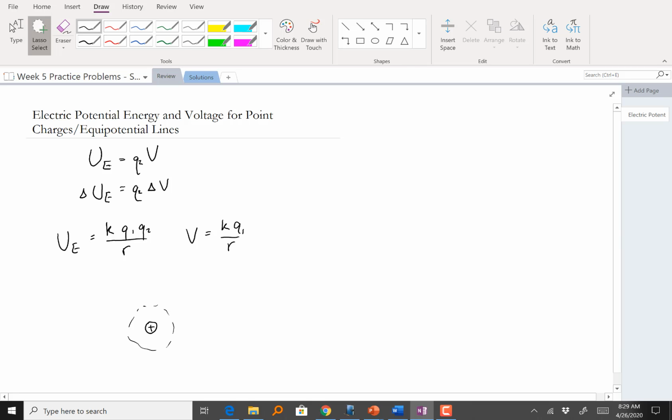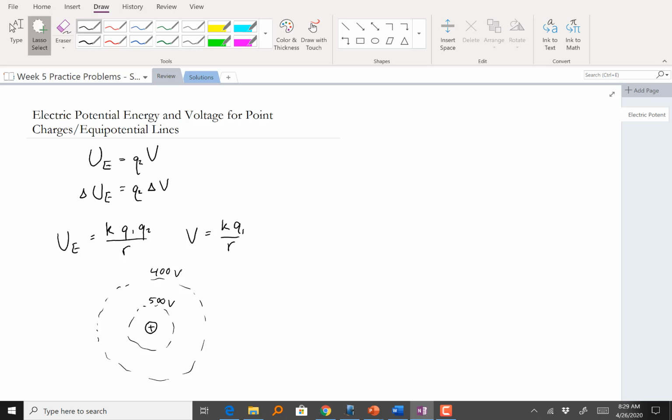So I'm going to have a series of circles that are slowly getting farther and farther apart, marking out these equipotentials. And these changes happen at a particular rate. So if, for example, this is 500 volts, maybe the next one is 400 volts, and the one after that would be 300, and so on and so forth. So they're usually changing at some sort of fixed rate.